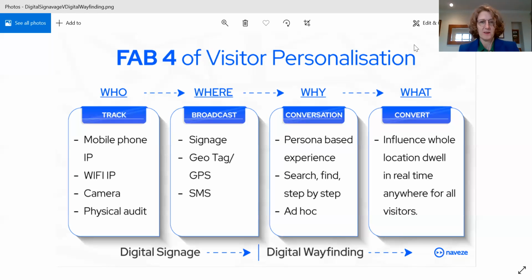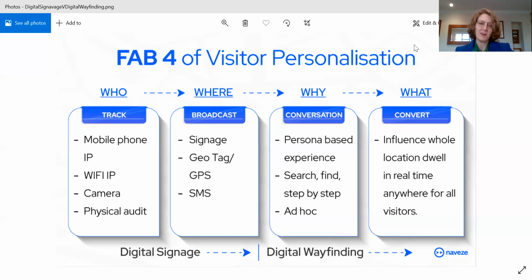Finally, in the visitor personalisation, you want to get a visitor to engage in an experience. So what is that? So you want to be able to convert visitors into doing something and more of it when they're at your location. So generally speaking, you want to influence the whole location dwell in real time, anywhere for all visitors.